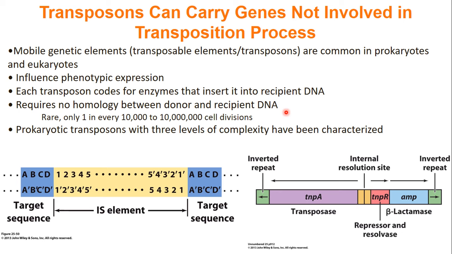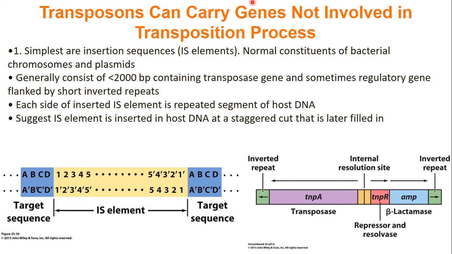So far, we know of 3 different levels of complexity for transposons in prokaryotes. The simplest are insertion sequences, or IS elements, and these are the normal constituents of bacterial chromosomes and plasmids. So you're going to find these simple ones in plasmids or the chromosomes of bacteria.